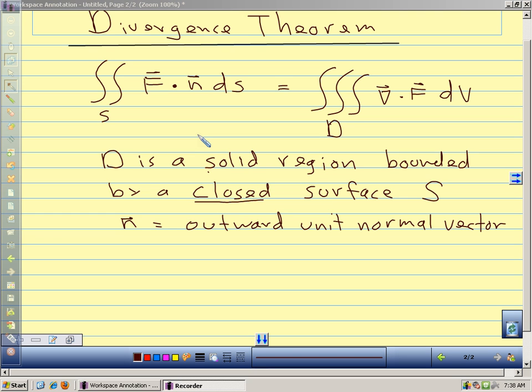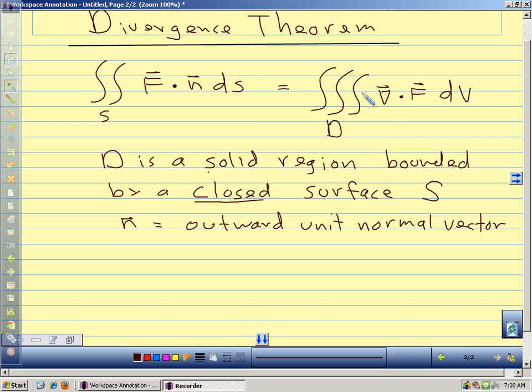We'll do an example in just a second. If we have a closed surface and we want to evaluate this surface integral, we can evaluate this triple integral over the solid, and it will tell us the value of this flux integral. Questions about what the divergence theorem is telling us?